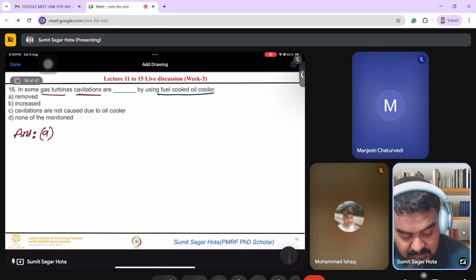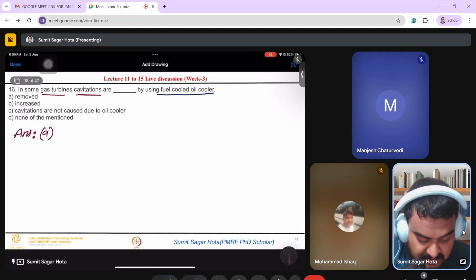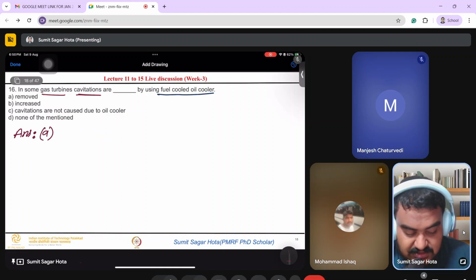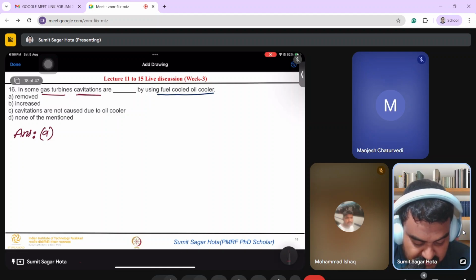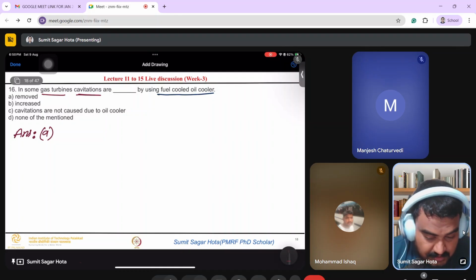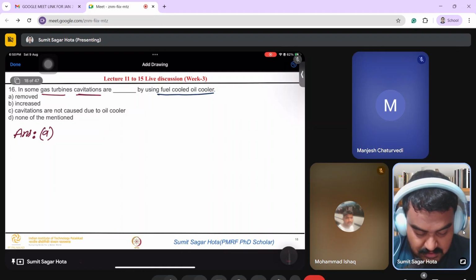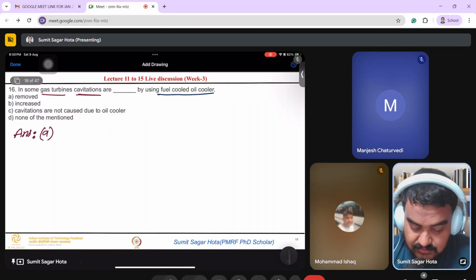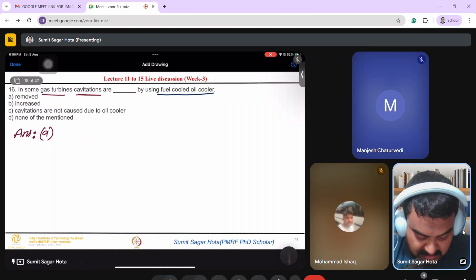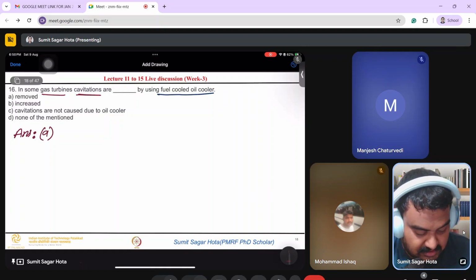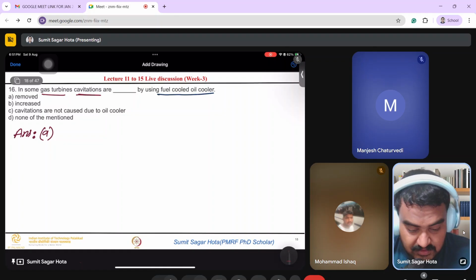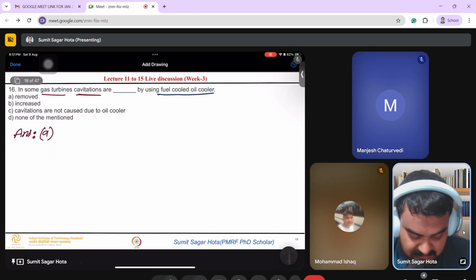What is used doesn't matter that much, because most of the questions are always to remove the cavitation. When in your exam you don't have time and want to guess, this is the best way to guess.